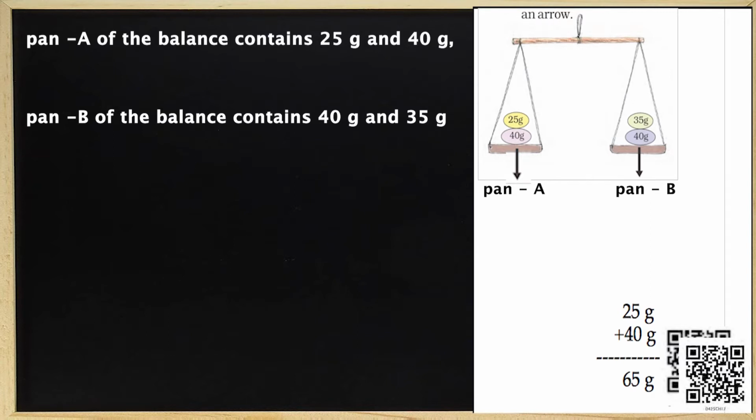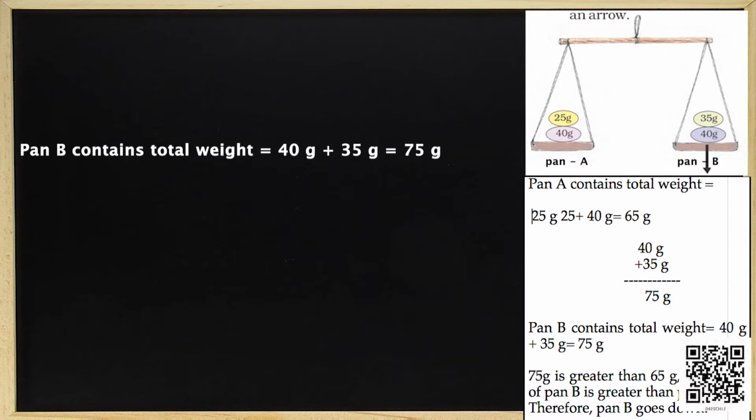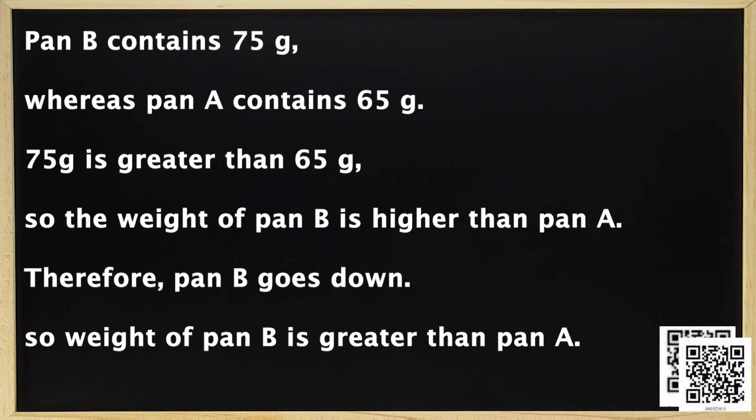Pan A contains a total weight equal to 25 gram plus 40 gram, which is equal to 65 gram. Pan B contains a total weight equal to 40 gram plus 35 gram, which is equal to 75 gram. Now pan B contains 75 gram, whereas pan A contains 65 gram.